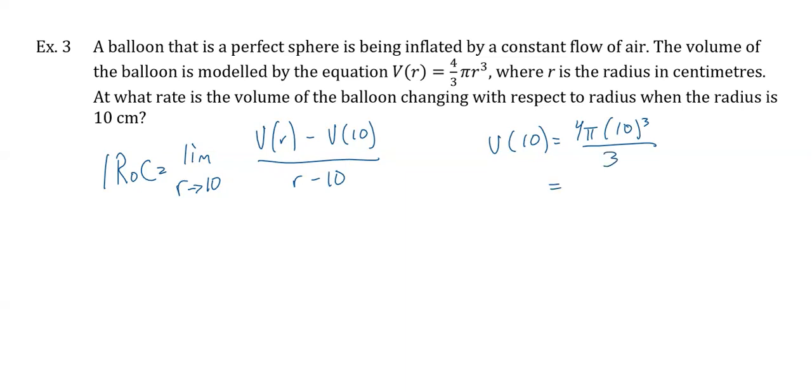So that's 4 times 1,000, so 4,000 over 3 pi. And we want that written in terms of pi. Do not multiply that out and round it or something weird like that. You leave it there with the pi in it. That's one of the little quirks of this one, I suppose.